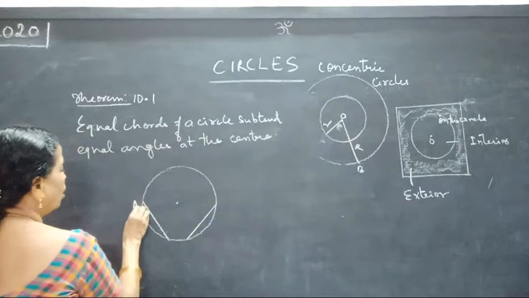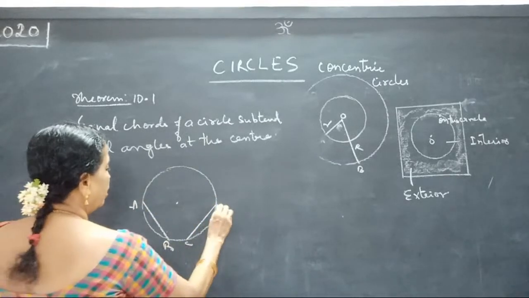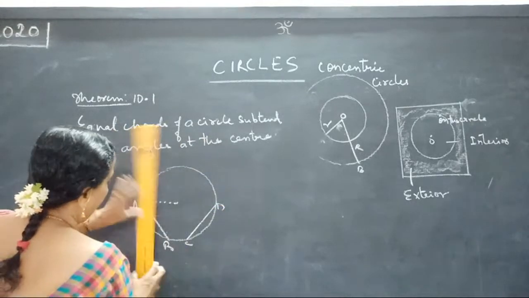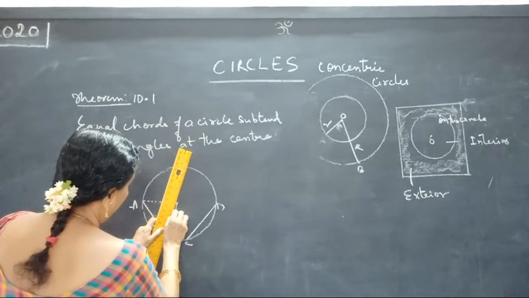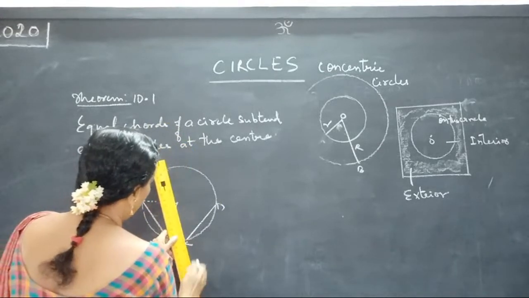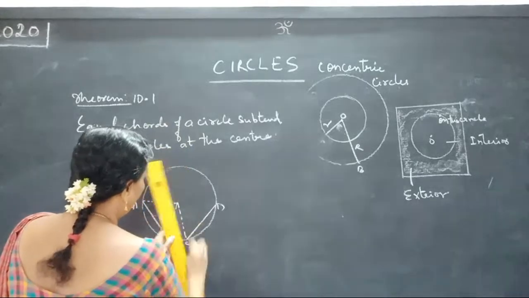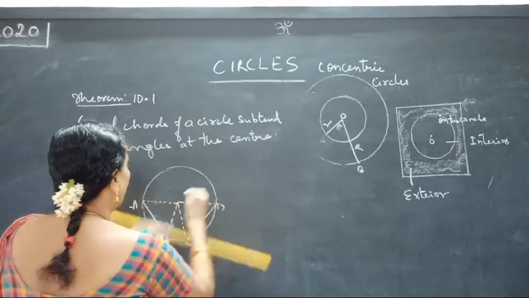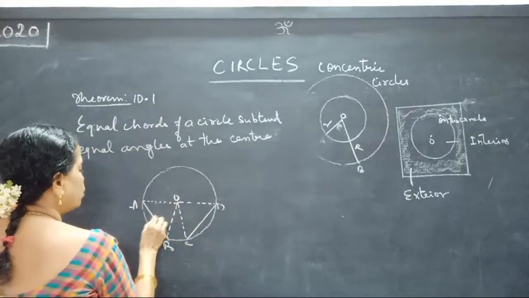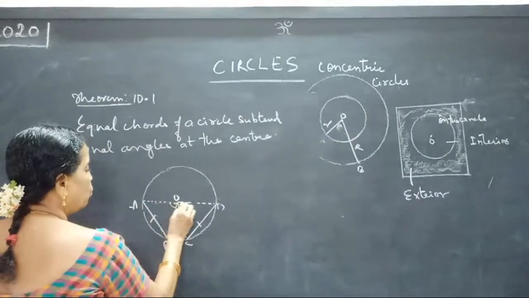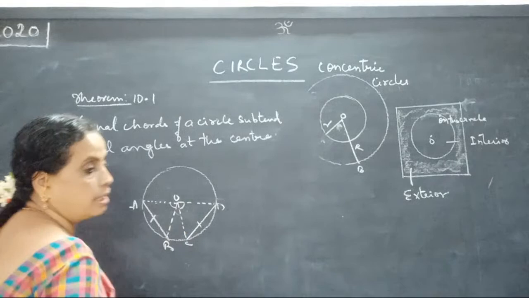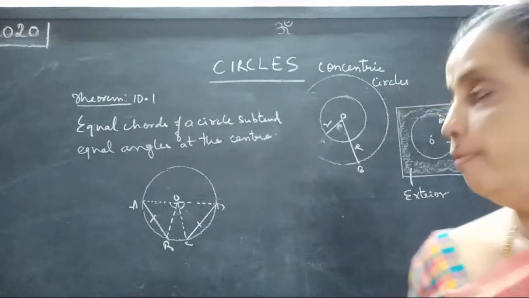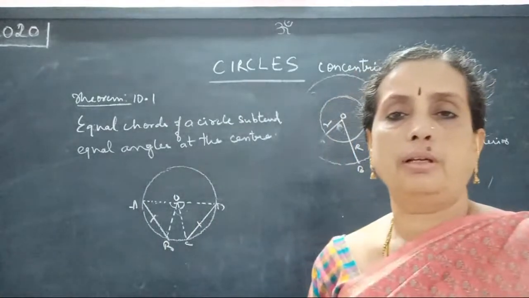Now join OA, OB, OC and OD. By congruency we can prove these two are equal. We have to prove these two angles, the angles subtended by the chords at the center, are equal when the chords are equal.